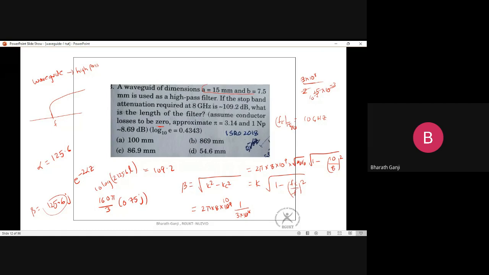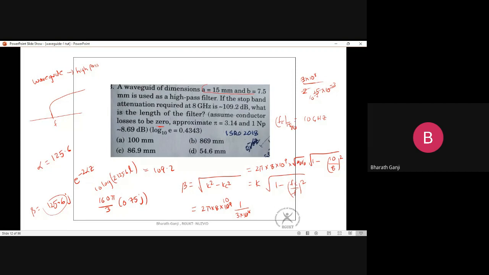I think I didn't define the attenuation properly. Maybe it is not e power minus 2 alpha which we need to take here. They have taken something else. Probably they did not take power attenuation.